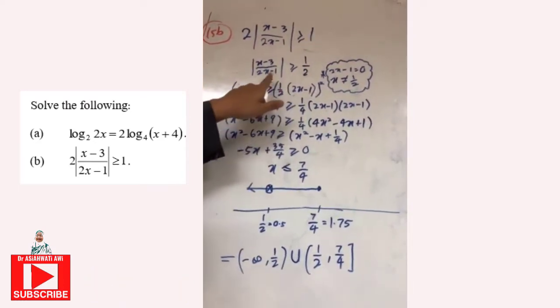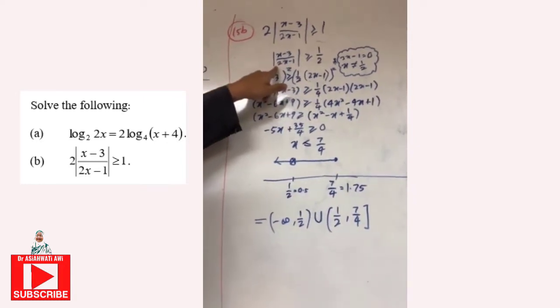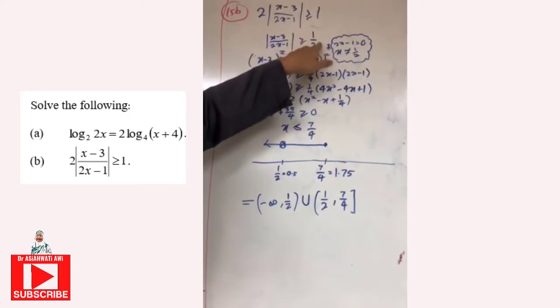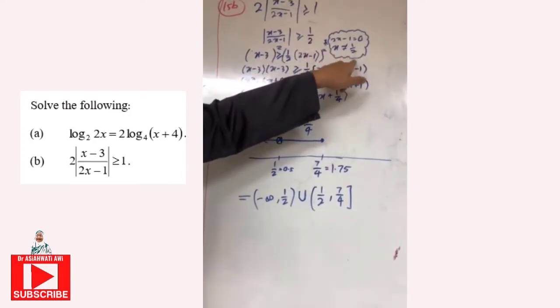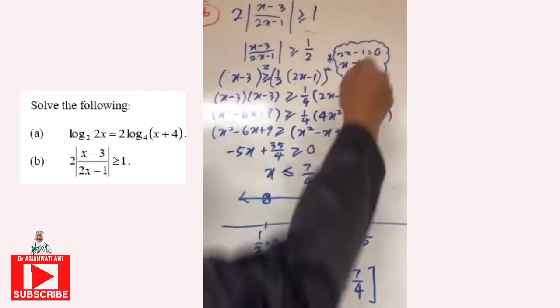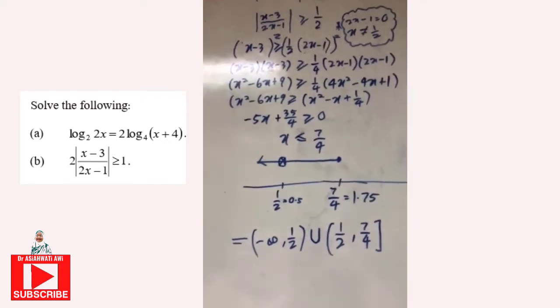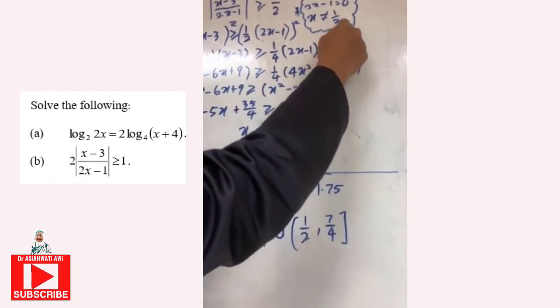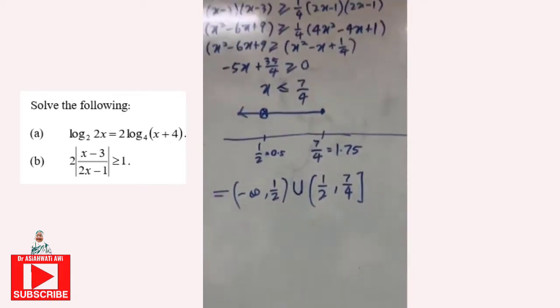And from this, before we move the 2x minus 1 to this side, we need to write this: 2x minus 1 is not equal to 0, so x not equal to 1 over 2.